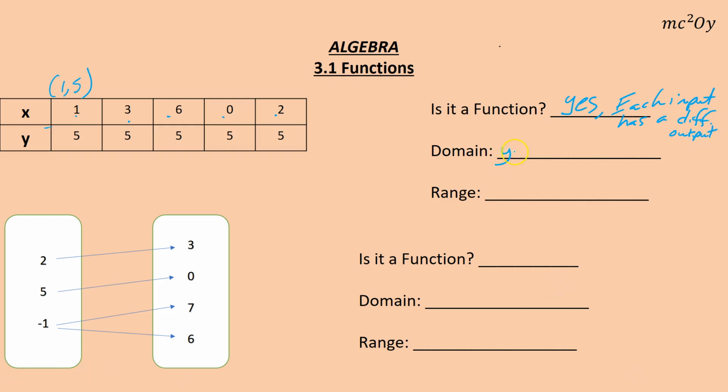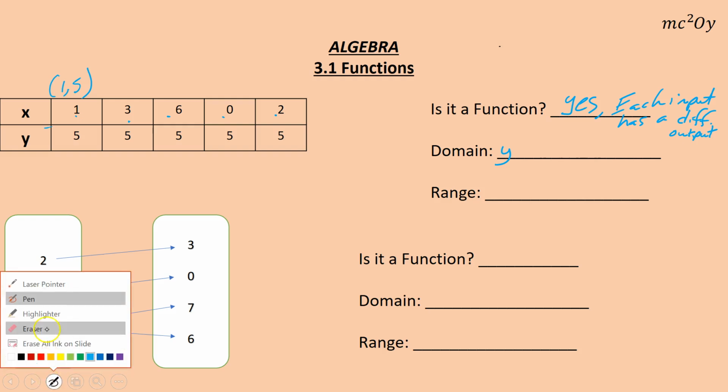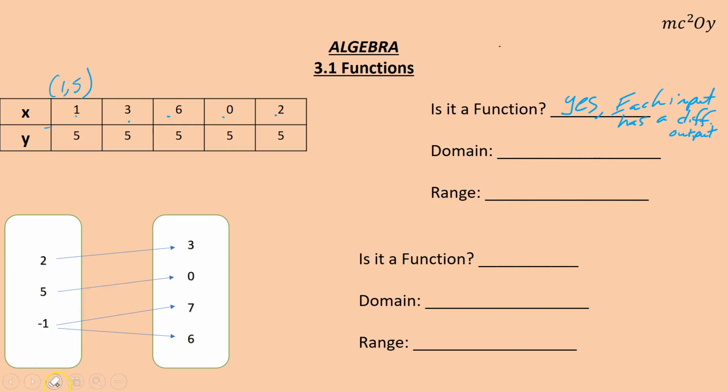The domain, well, domain is not y, it's x. So x equals, well, 1, 3, 6, 0, 2. So numerically, that would be 0, 1, 2, 3, and 6. Okay, that is my domain.